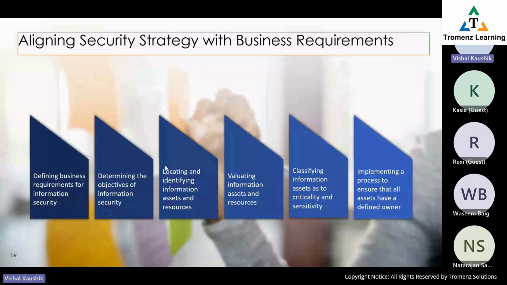And how that comes about is, we are told that to develop a cost-effective security strategy, it is important first and foremost to define the business requirements for information security. What are the business requirements for information security?